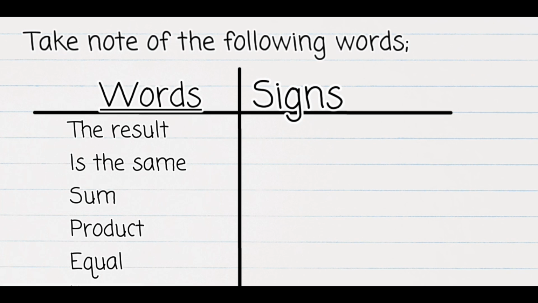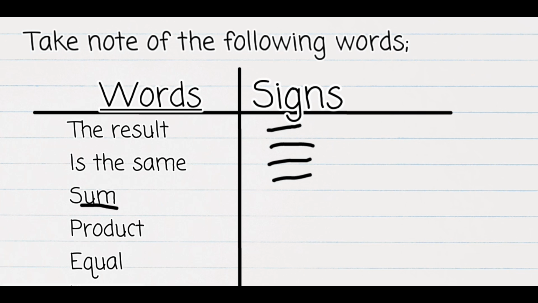Now take note of the following words and phrases. Anytime you see the result, the sign is always going to be a sign of equality. And when you see is the same, the sign will also be a sign of equality, since the same meaning one part is equal to another part.